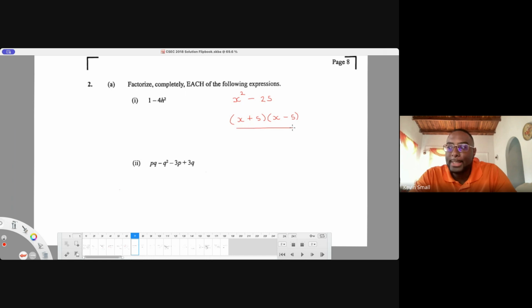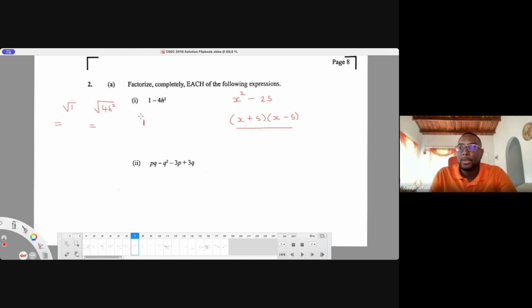Now let's apply that same logic to our question here. What is the square root of 1 and what is the square root of 4h squared? What is the square root of 1? And what is the square root of 4h squared? I want those two answers quickly. And right, the square root of 1 is 1.